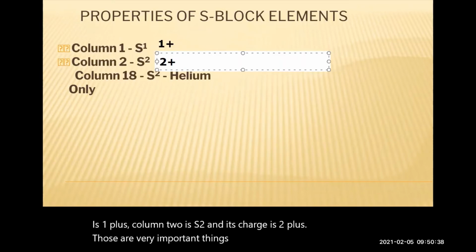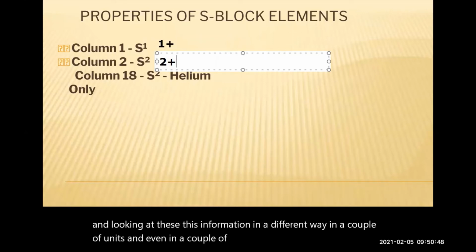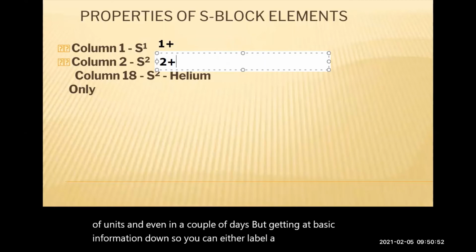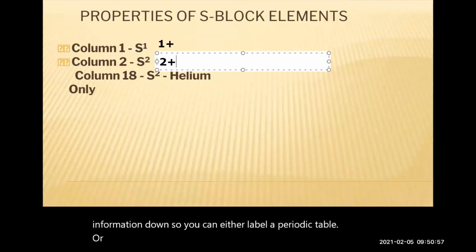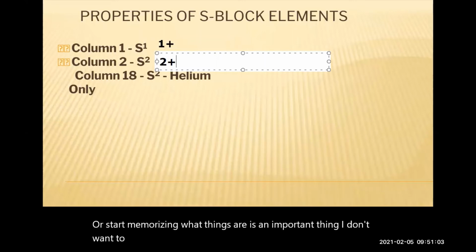We will be moving back and looking at this information in a different way in a couple of units and even in a couple of days, but getting that basic information down so you can either label a periodic table or start memorizing what things are is an important thing. I want you to see it multiple ways in different ways. And that is the S block.